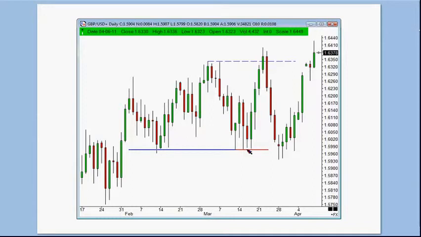Once you've made a move, unless you have sliced up through that area with a wide range bar or you've got some real strong volume, and on the currencies you don't know what the volume is, you start making a move, you start tightening up your stop.